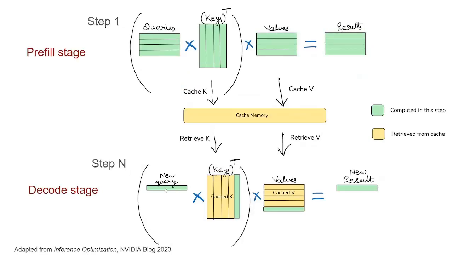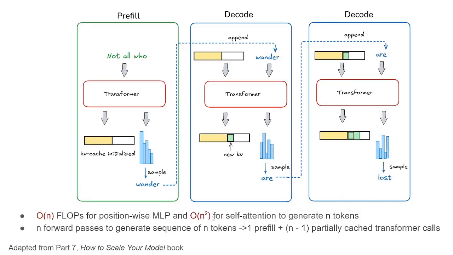This is because in self-attention, the operation of multiplying the query with all the keys of previously generated tokens and then multiplying with the values is order n. So if you add it up over n total generated tokens, it comes to order n squared.